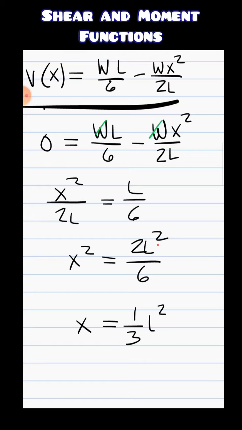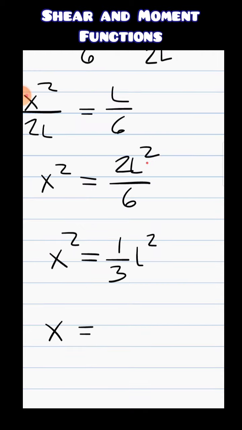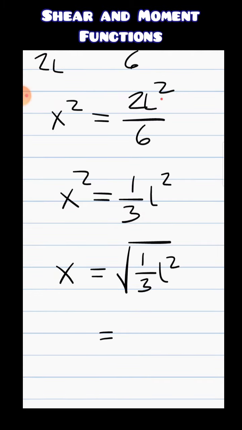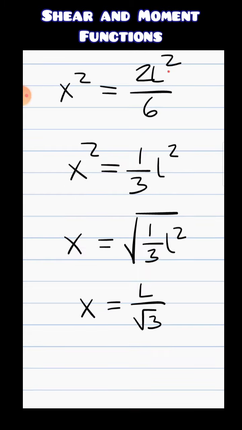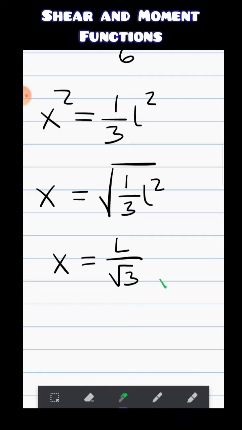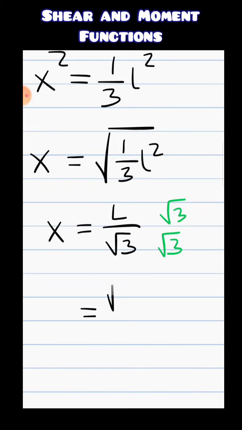Taking the square root of both sides, we have the square root of 1/3 L squared. The square root of L squared is L, over the square root of 3: square root of above over square root of below. If we rationalize this, it becomes square root of 3 L over 3.